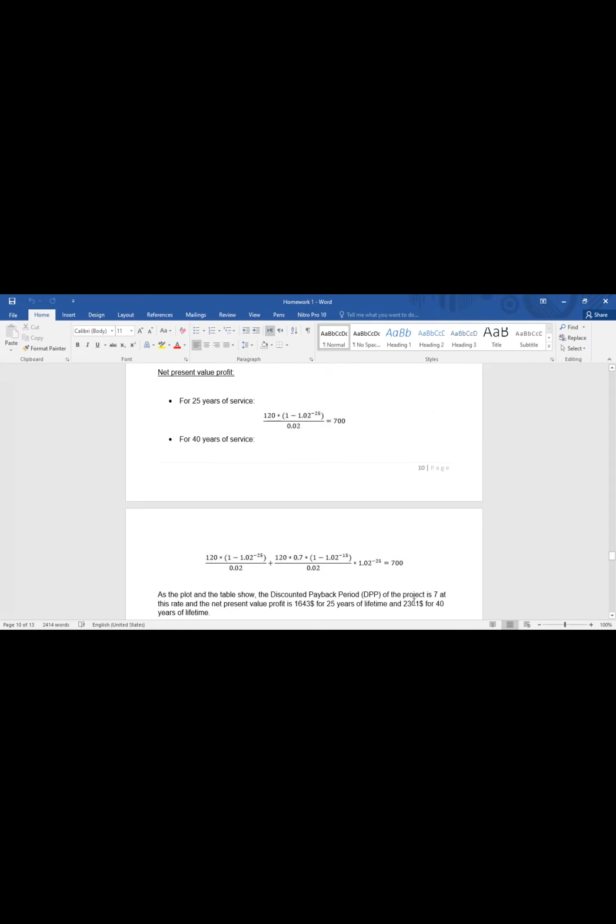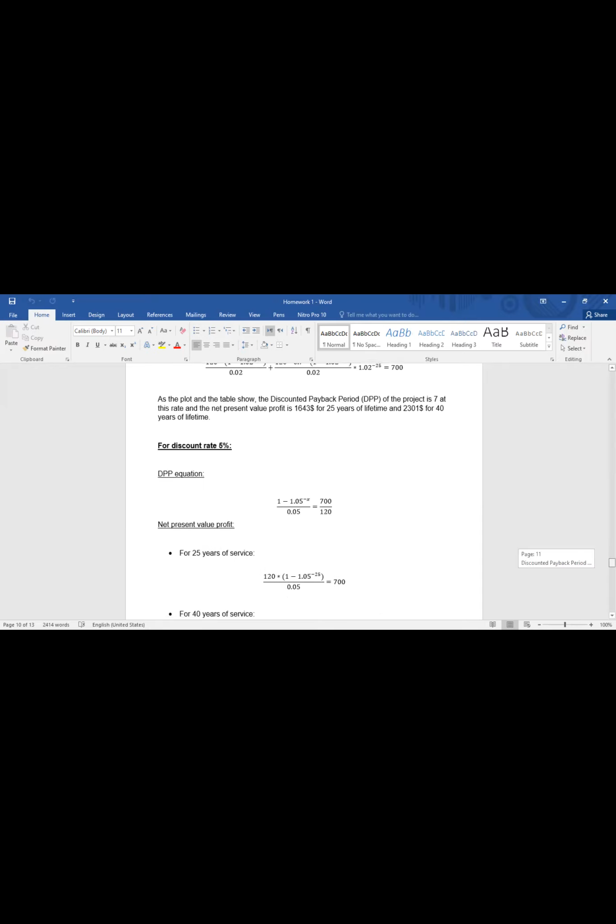Thus, as the table and the plot show us, the discounted payback period is 7 years at 2%, and the profit is $16.43 for 25 years and $23.01 for 40 years.